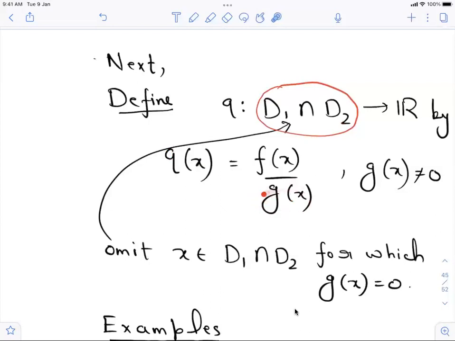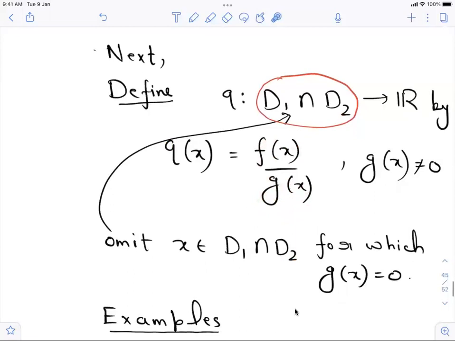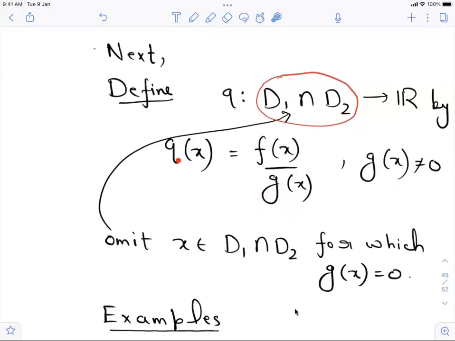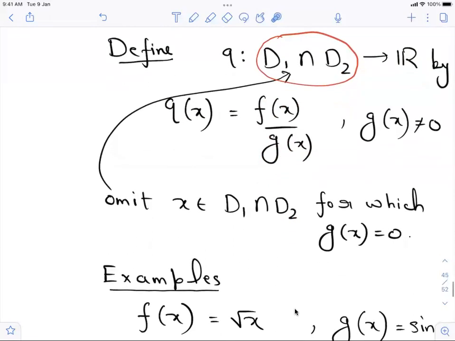And if g(x) is equal to 0, then this is not defined. So I have to omit those points. So omit all those x's from D1 intersection D2 for which g(x) equals 0. Then f(x) over g(x) makes sense, because once again, quotient of real numbers makes sense. So this is a pointwise division, which leads to this quotient function q, which we are going to call f by g.